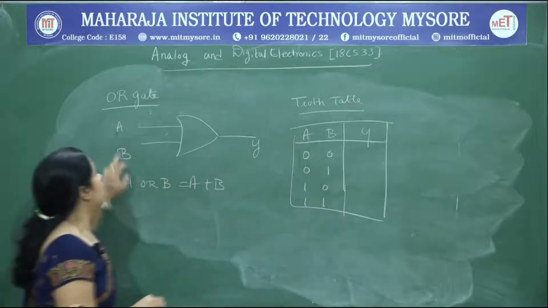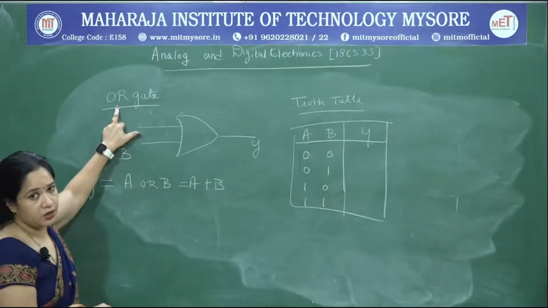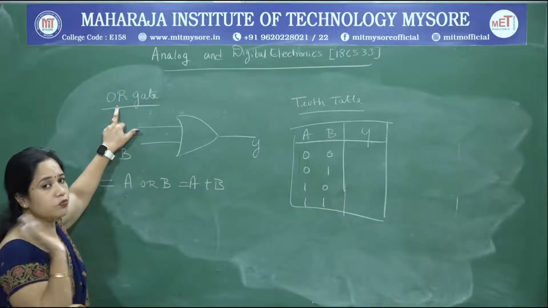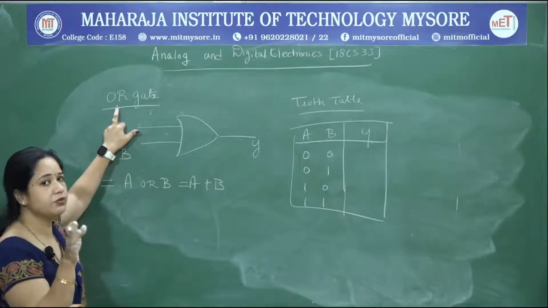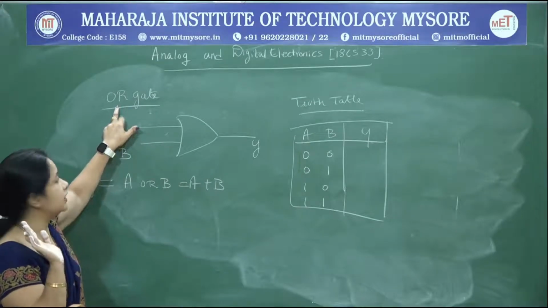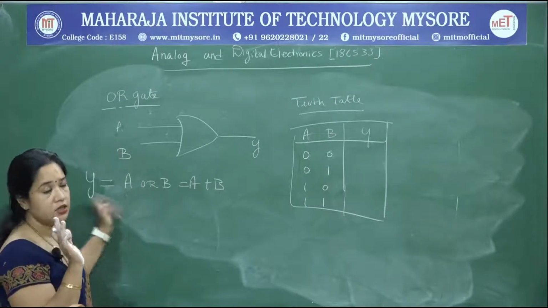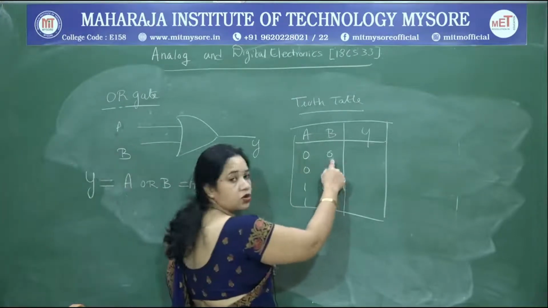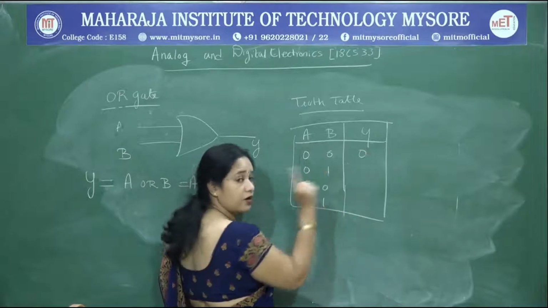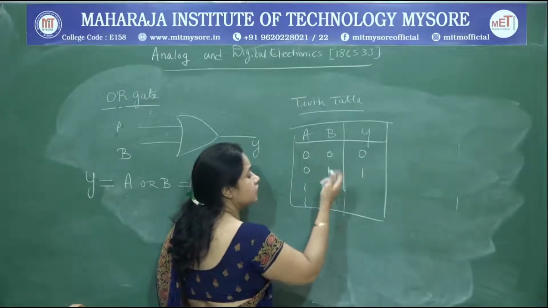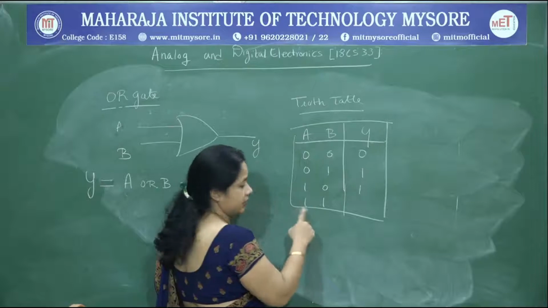And please note, the reason we give the name OR is because if either A or B is 1, the output is going to be 1. Even if one of the inputs is 1, the output is 1. So that is why we call it OR. So both are 0, the output remains 0. 0 1, one of them is 1, output is 1. 1 0, one of them is 1, the output is 1.